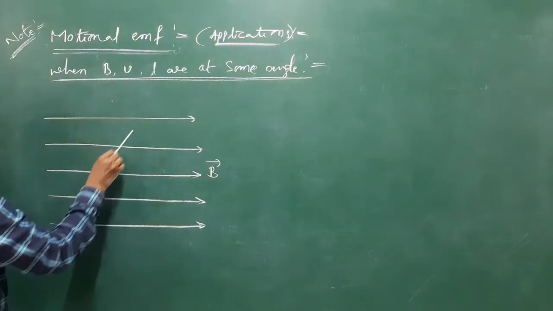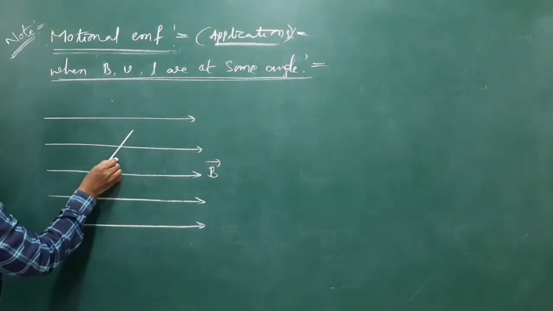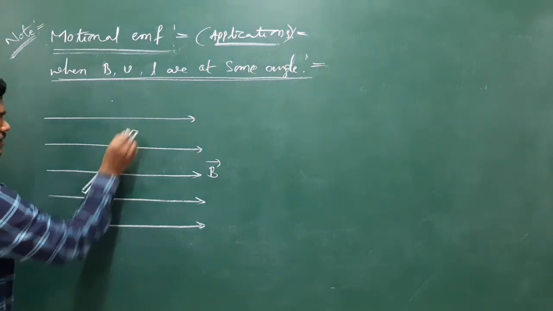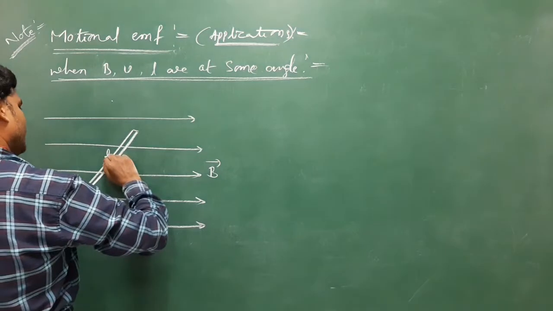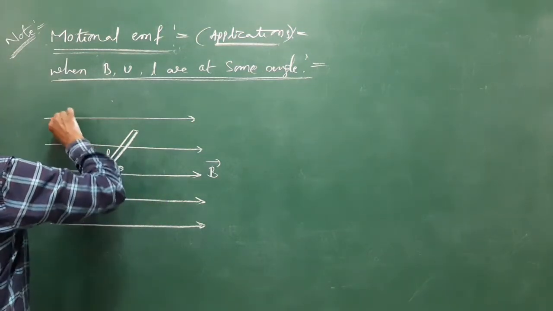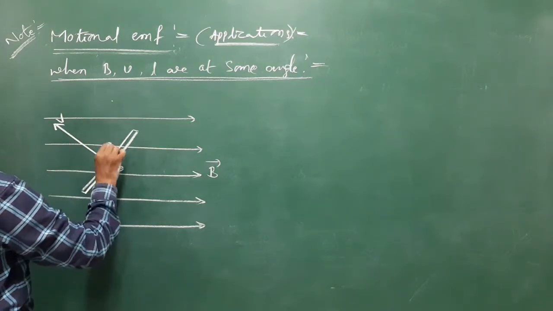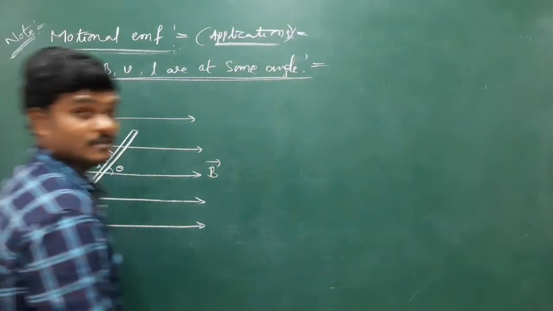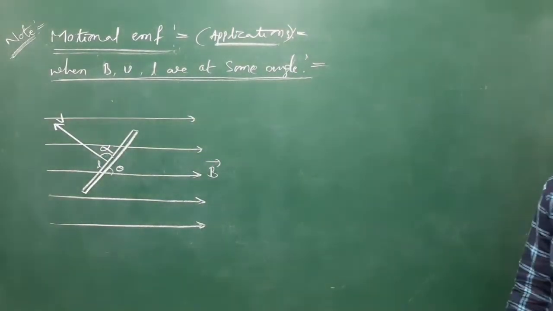Now I am placing a rod like this, which makes an angle theta, and the rod is moving with speed v at an angle alpha. All three parameters make some different angles.